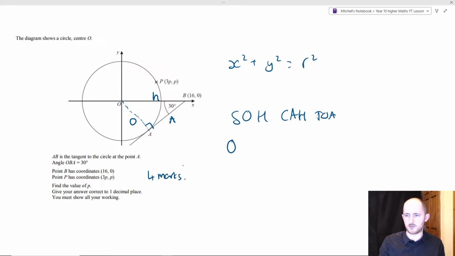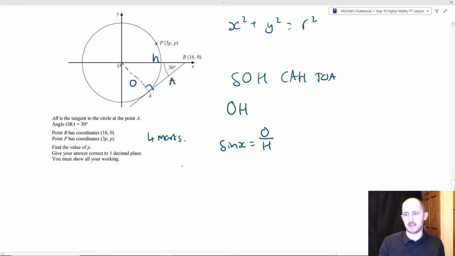The sides I'm interested in are O and H, so I'm going to be using sine. The way sine works, it says sine of the angle is equal to opposite divided by the hypotenuse. So in this case, my angle is 30, my opposite is what I'm actually interested in, and my hypotenuse is 16.